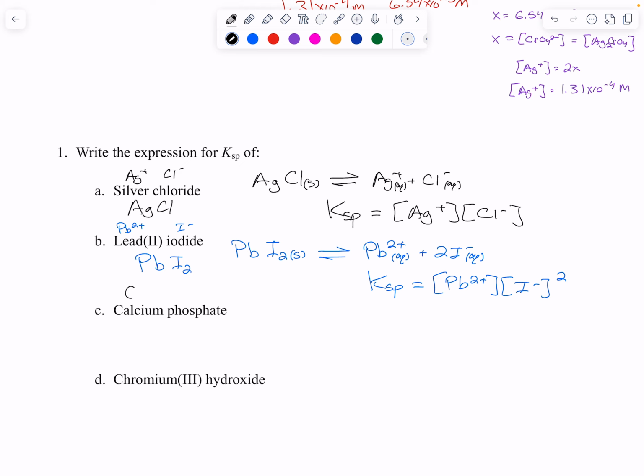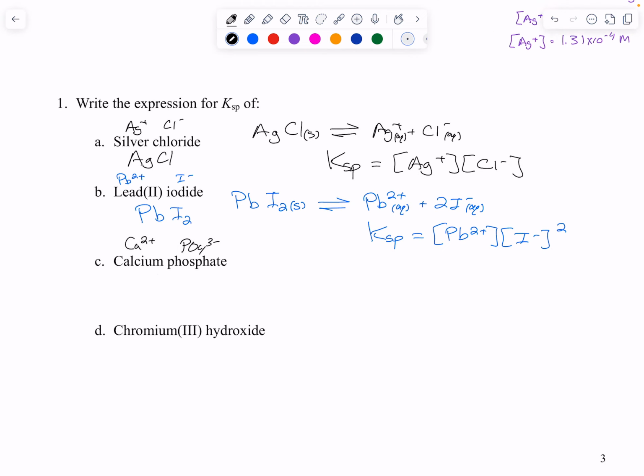Calcium phosphate. Well, calcium is Ca2 plus, phosphate PO4 3 minus. So Ca3(PO4)2. All right, and the more complicated they are, definitely write them out.